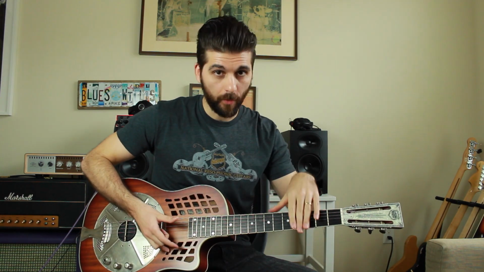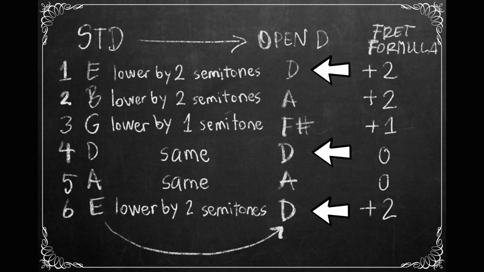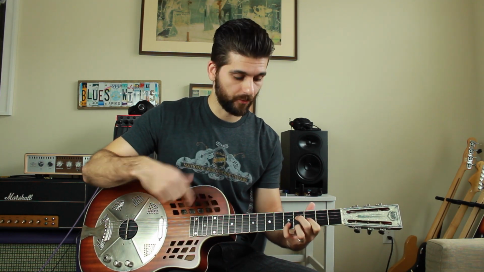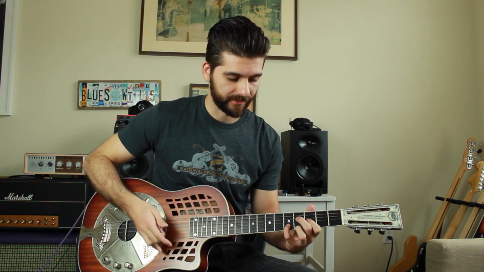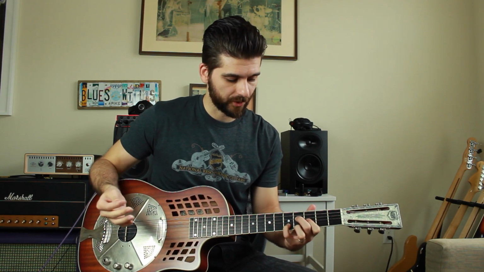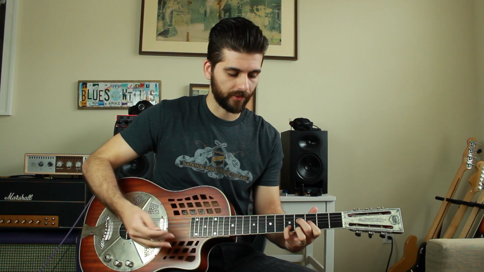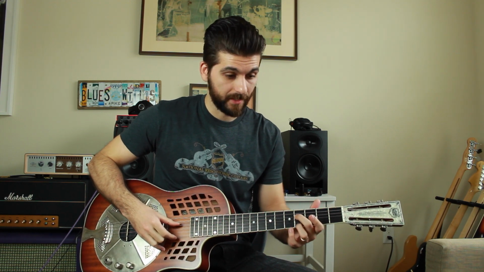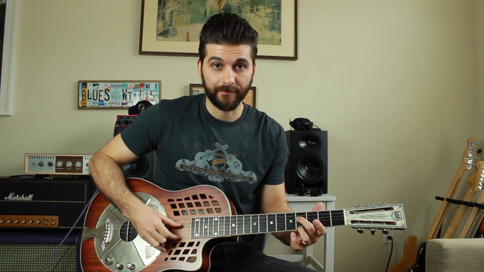So because the open D tuning is just 3 different notes, 3 Ds, 2 As and 1 F sharp, you can easily just roll these shapes through the strings or just invert them. So if you know a 3-note or 3-string inversion, you know where to place your fingers on all 6 strings, because there are only 3 different notes. Basically, you will have to fret the same strings on the same fret.